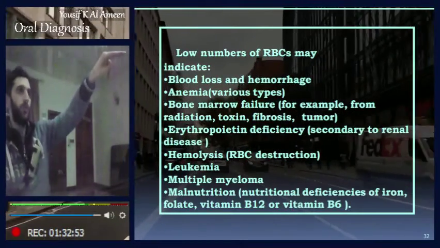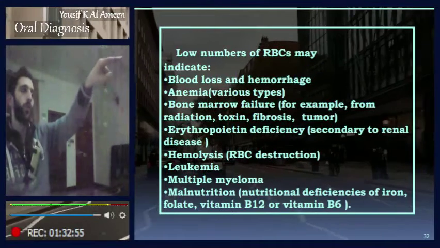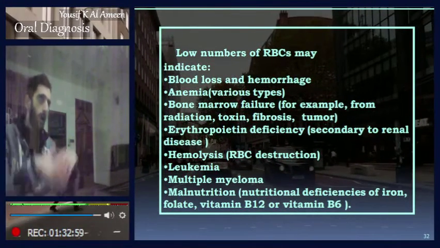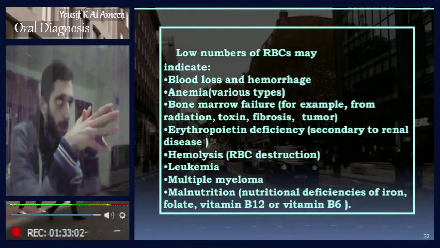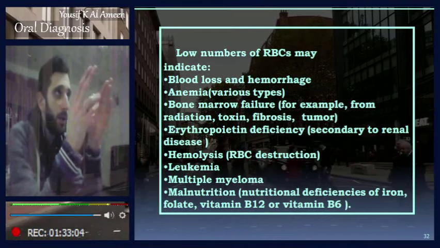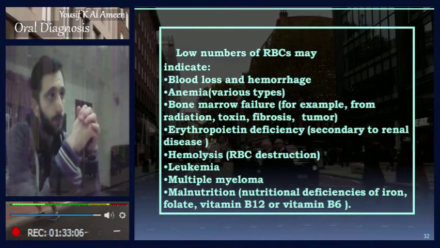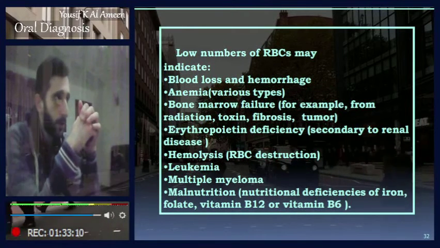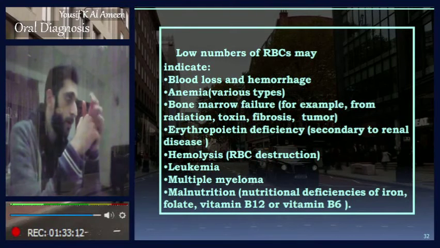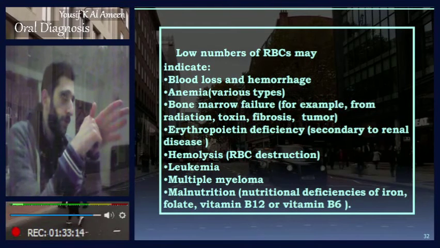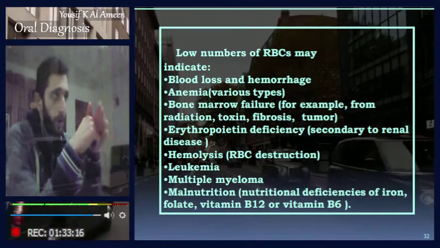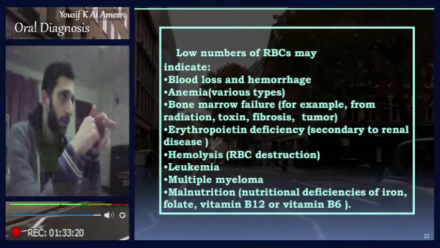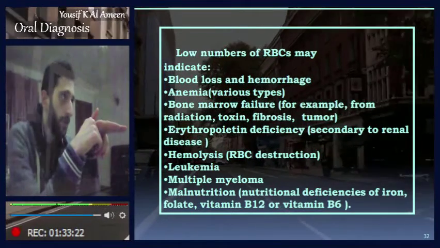Here we have a low number of RBC, which can be a cause of blood loss, anemia, bone marrow failure. If the bone marrow is exposed to radiation, toxins, fibrosis, or a tumor, then we have erythropoietin deficiency.